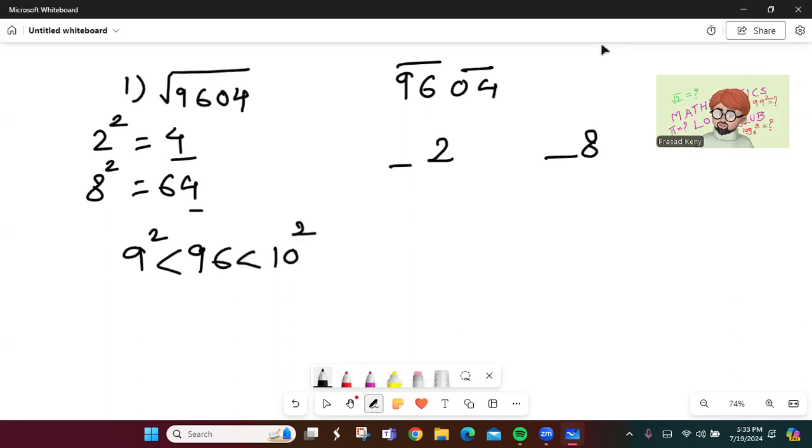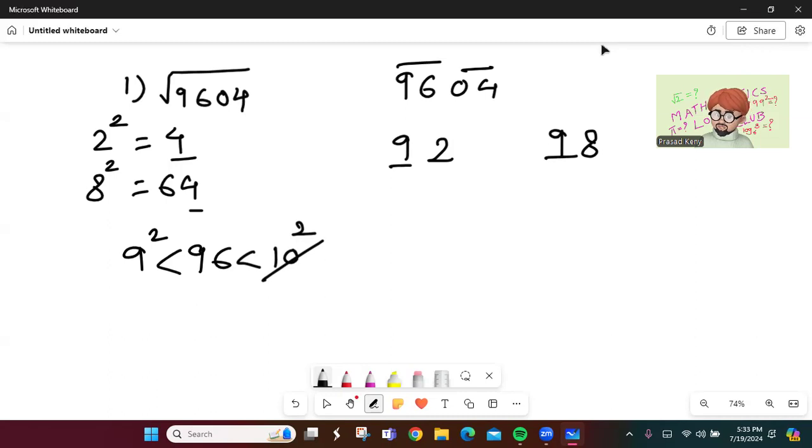Okay, but obviously 10 is not possible. If I fill this place with 10, 102, or 108, the square of both these numbers will be greater than 9604. So that possibility is gone here. Hence, either the square root can be 92 or 98.